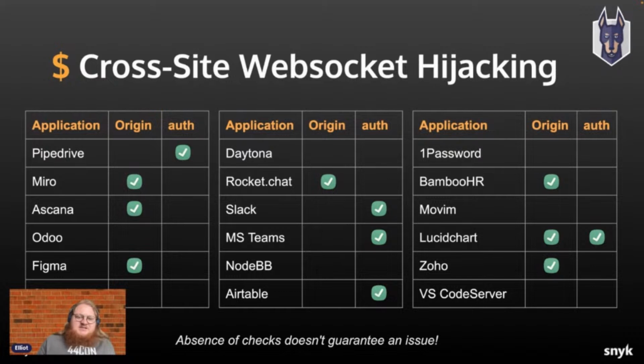And this doesn't necessarily mean that these are exploitable. As I've said, there may be same-site cookies, and in the case of some of the applications, 1Password as an example, we didn't actually see any messages within those WebSocket connections. So at least when we checked and under the conditions that we reviewed this, there was nothing to hijack. So that was not exploitable in that case.